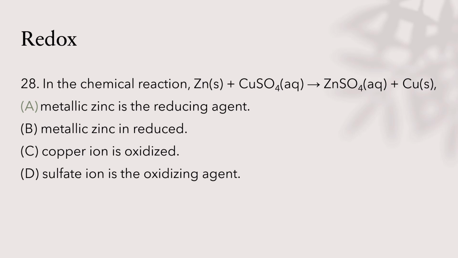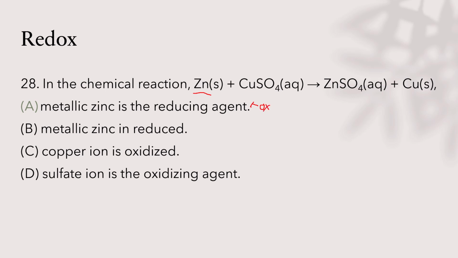In the chemical reaction, we have solid zinc and copper(II) sulfate, making zinc(II) sulfate and solid copper. So let's look at the choices. Metallic zinc, so that's going to be the one that's a solid, that's not an ion, is the reducing agent. So remember, the reducing agent is the one that is oxidized. So let's see, is zinc oxidized?